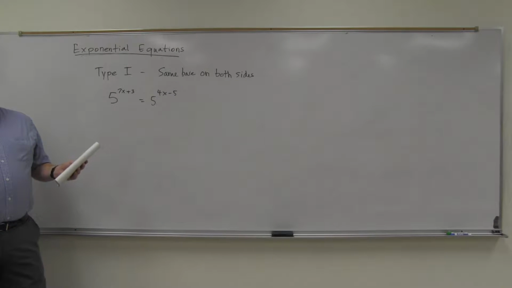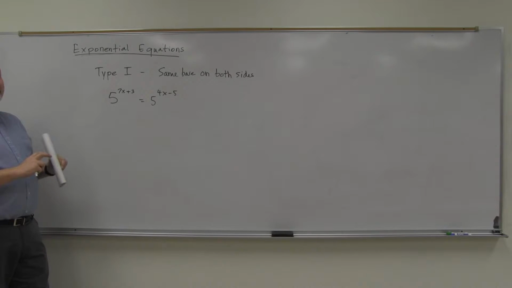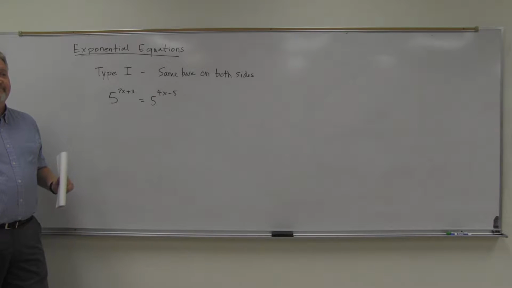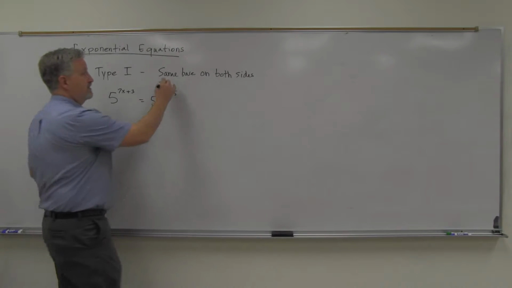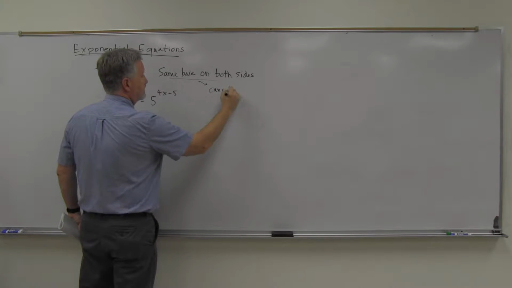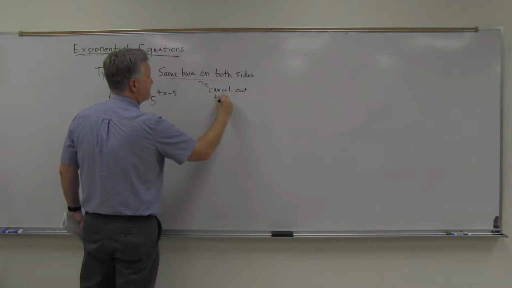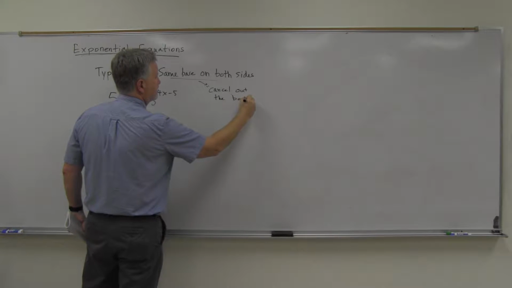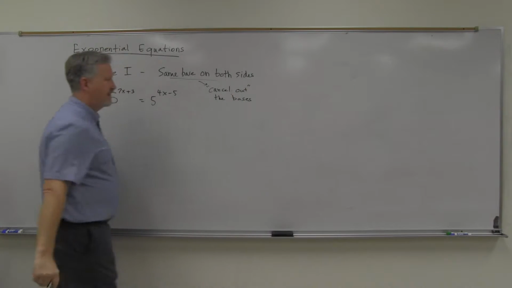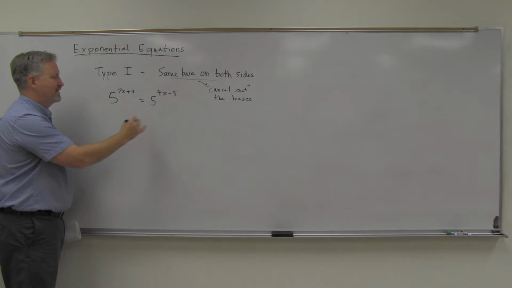Because it's one-to-one, when you have the same base on both sides in an exponential equation, you can just cancel out the bases. The bases go away, basically.